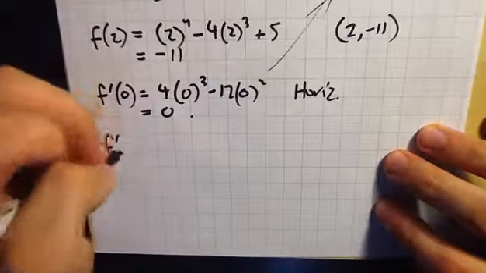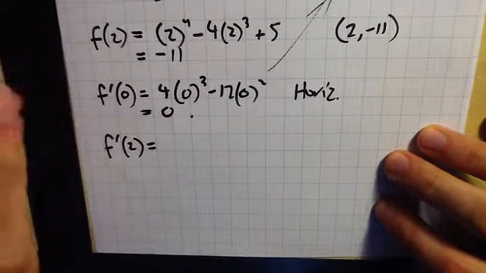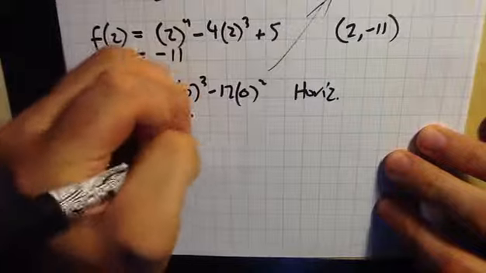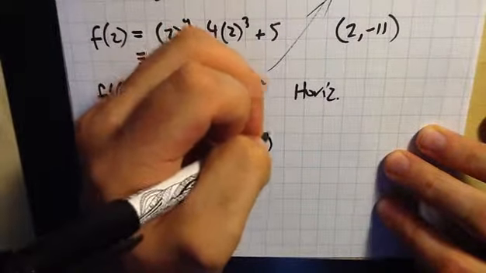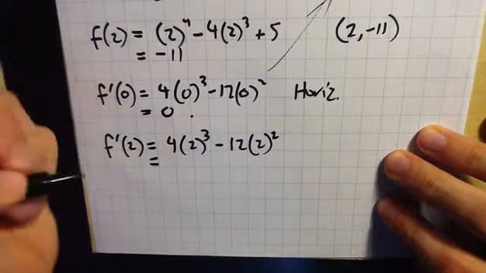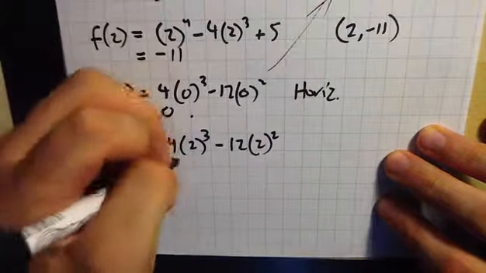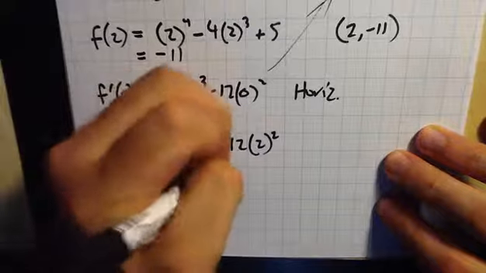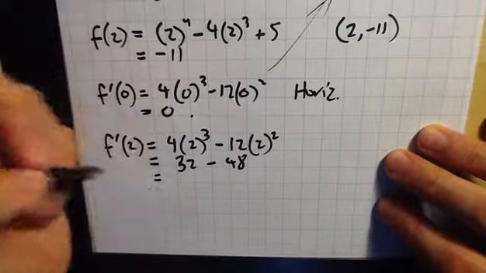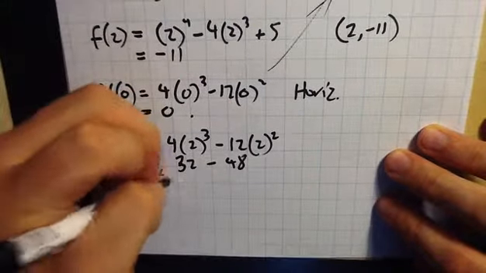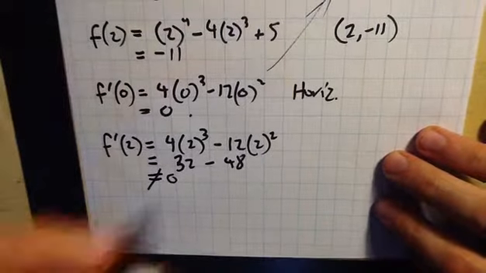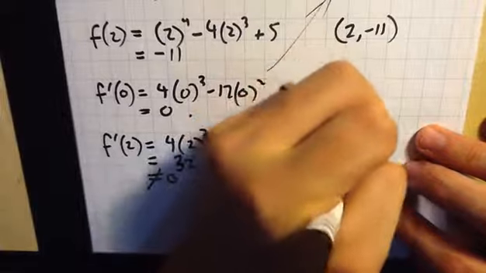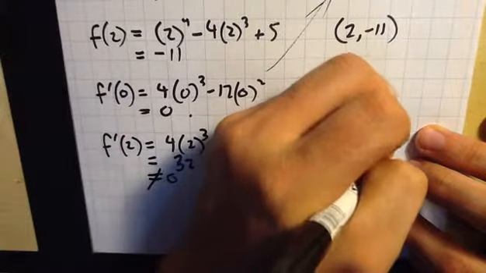Now, sub in x of 2 into the first derivative, and that's going to be 4 times 2 cubed minus 12 times 2 squared. That's 32 take 48. Well, you can see this is not 0, it's negative 16. So therefore, this is non-horizontal, because it does not equal 0.